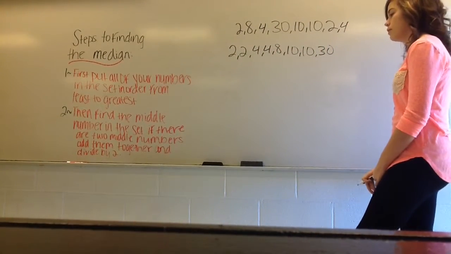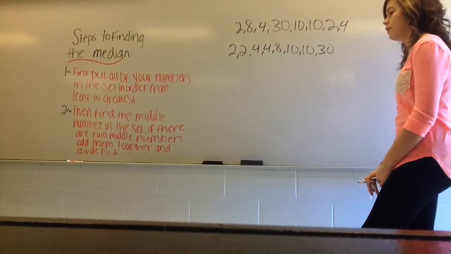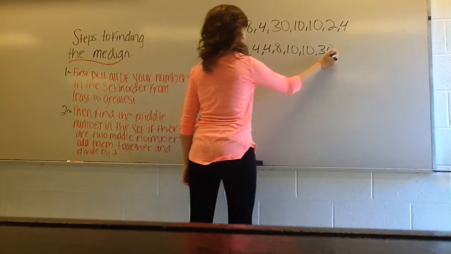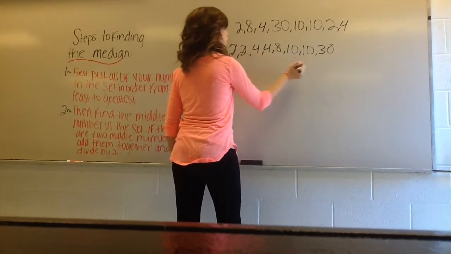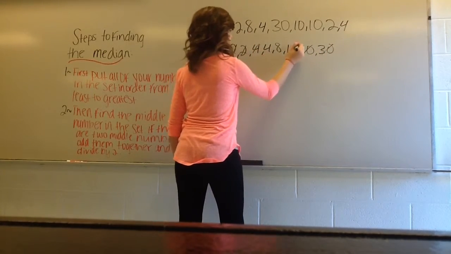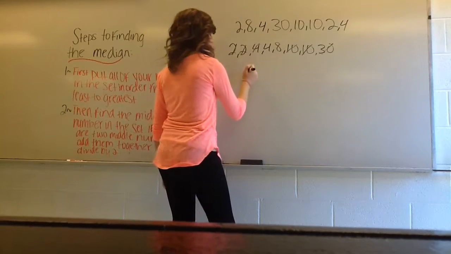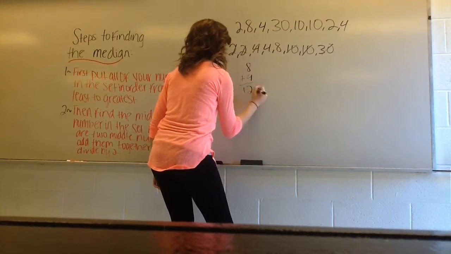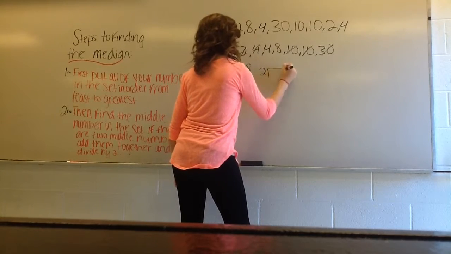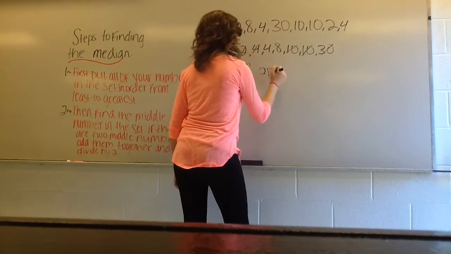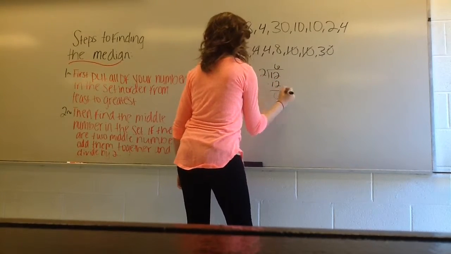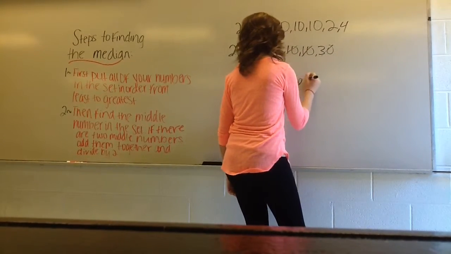If there are two middle numbers, we're going to add them together and divide by 2. So we're going to mark one off from each side until we get our middle numbers, which are 4 and 8. So we're going to add 8 and 4 together, which is 12, and divide by 2. And 6 is our median.